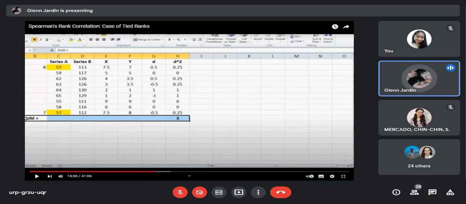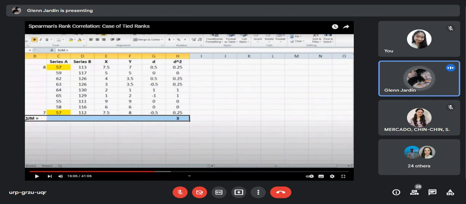Summation, Miss Mercado. Summation. Walang B. Summation. Submission, iba yung pagbasa yun. No? Okay? So, ito yung summation of D squared.